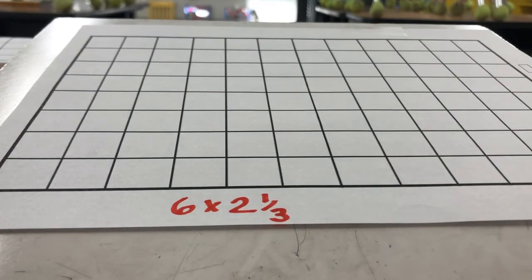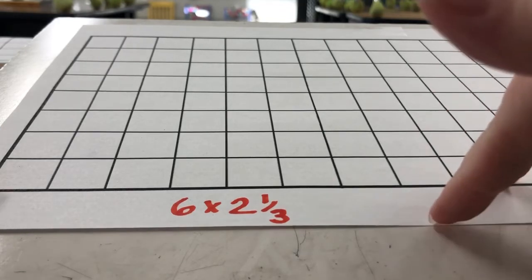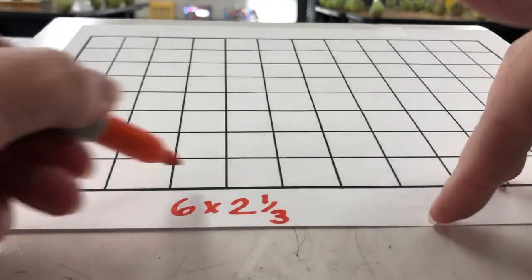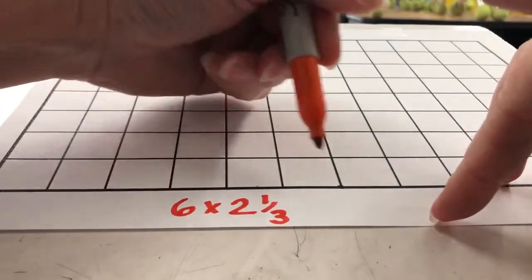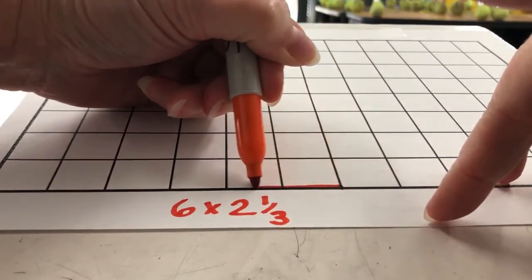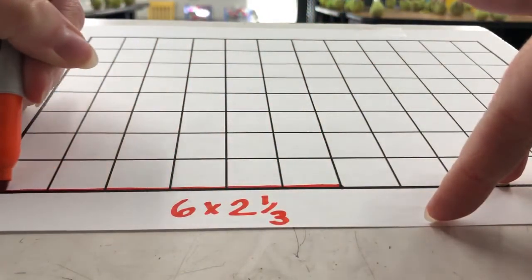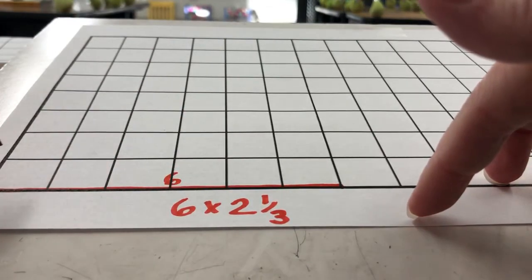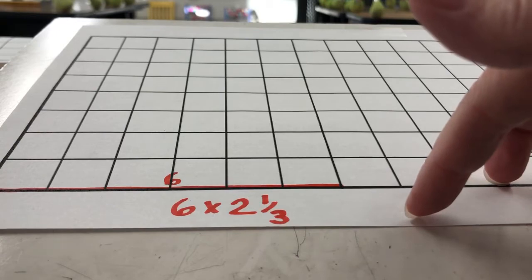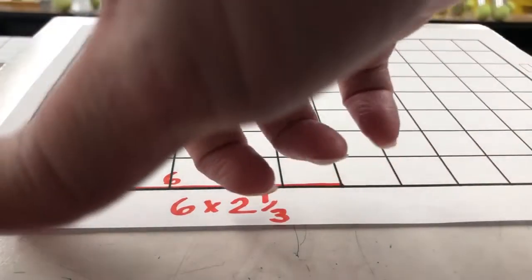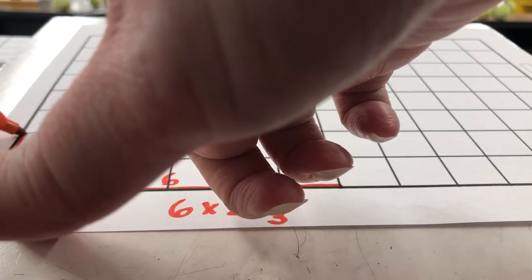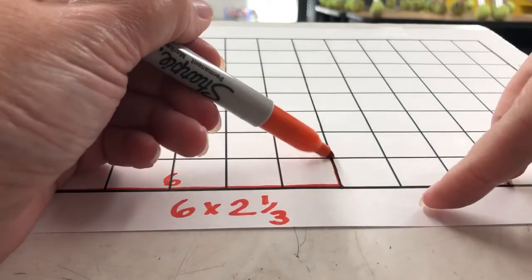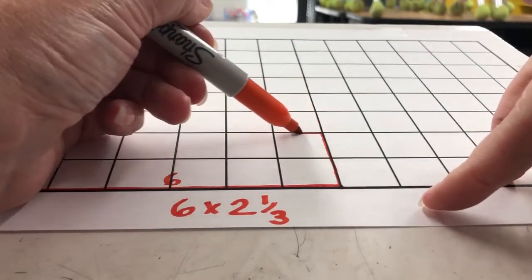First, I'm going to do 6, so I'll go over 6. 1, 2, 3, 4, 5, 6 to here. Okay, so this shows 6, and I'll take the 2 and decompose 2 1/3 into 2 plus 1/3. So I'll go up 2. Okay, and I'm going to create that partial product area.